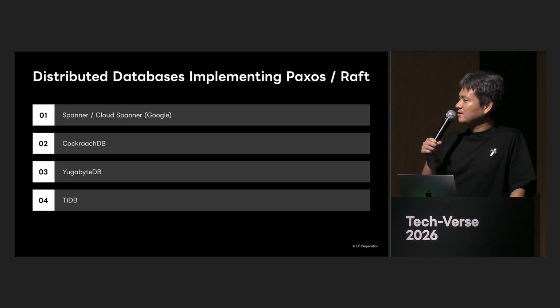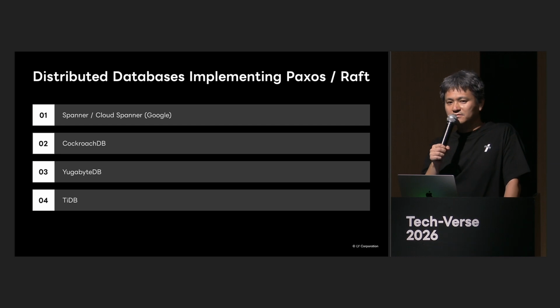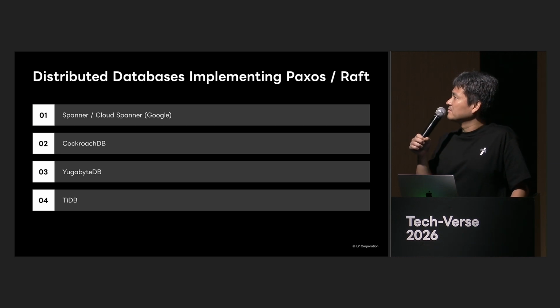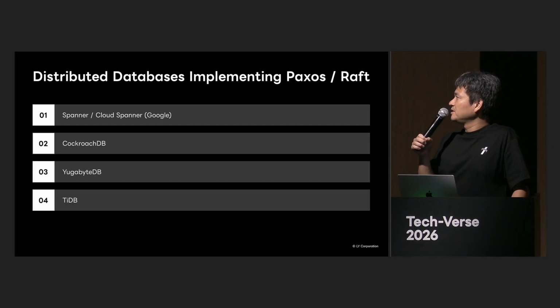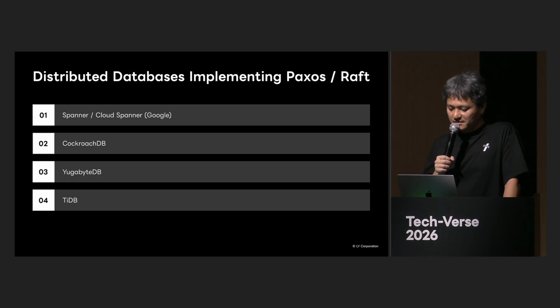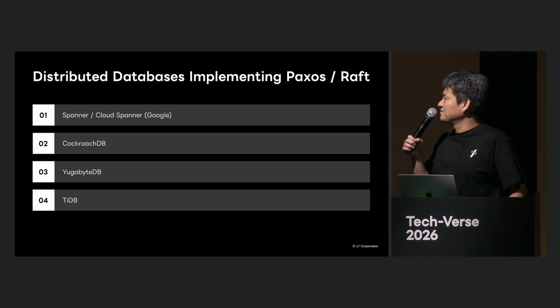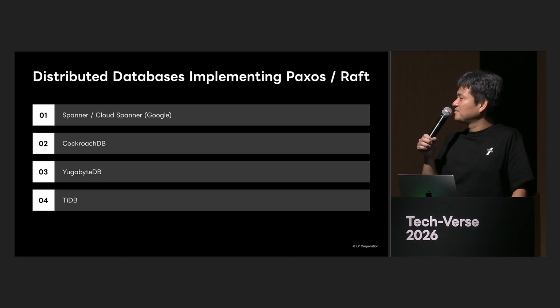I've listed about 4 based on my own discretion, and I think many of you might have heard of Cloud Spanner, the one at the top. This is a Google product that implements Paxos. It is a pioneering database in this field. However, for various reasons, it is difficult for us to use it.